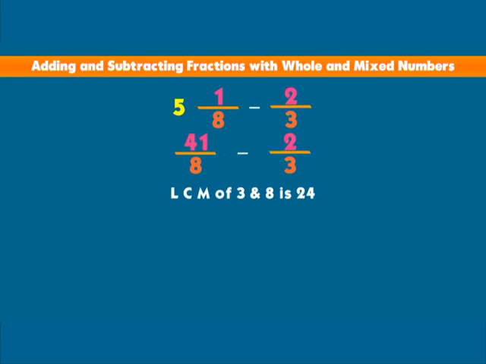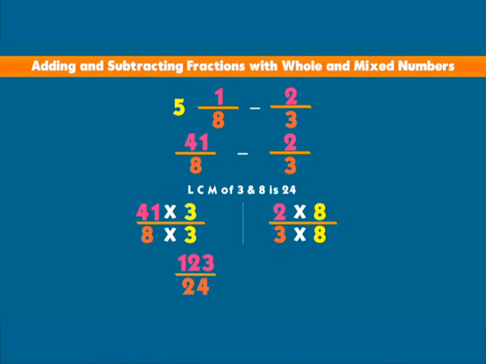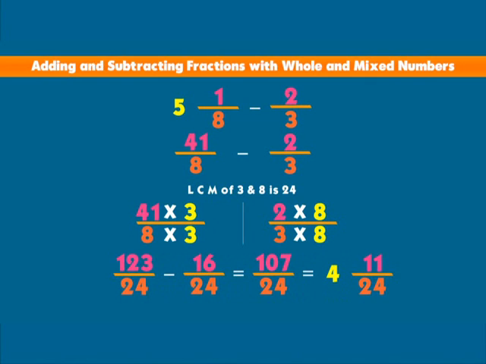So the number becomes 41 multiplied by 3 over 8 multiplied by 3, and 2 multiplied by 8 over 3 multiplied by 8, which equals 123 over 24 minus 16 over 24, which is 107 over 24. Converting back to a mixed number, we have 107 over 24 equals 4 and 11 over 24.